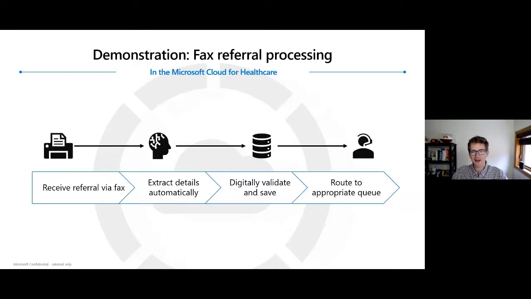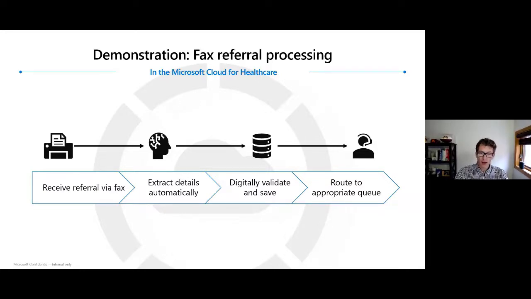All right, sounds good. So here's what we'll see in the first portion of this. We're going to see the referral coming in via a fax channel, the extraction of those details coming out, going into a digital repository, and the queue that they land in for somebody to go through. After we go through this, we'll see a little peek behind the curtain of how this actually happens.